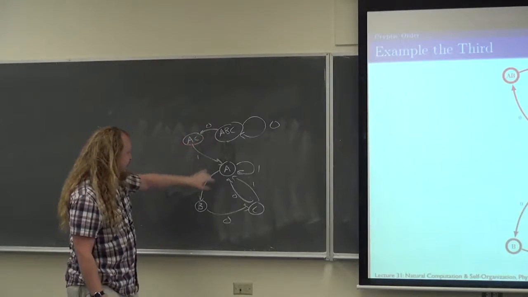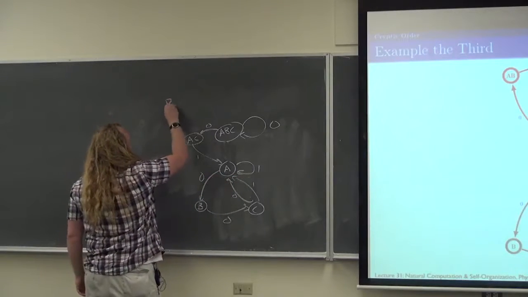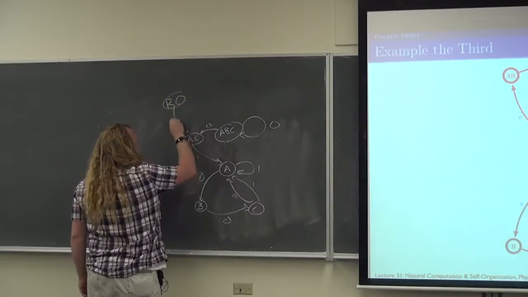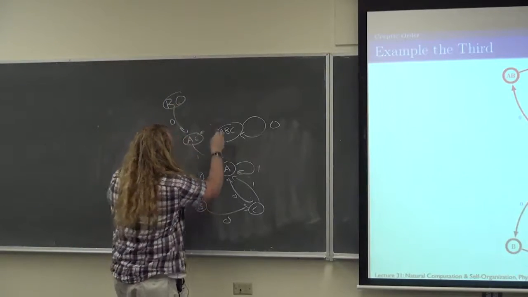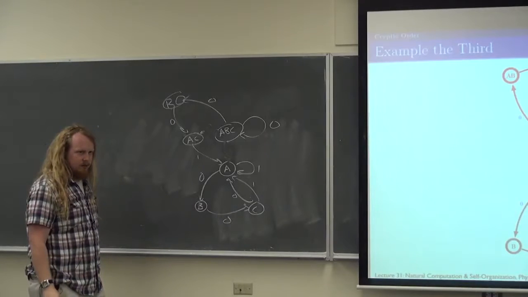If I was in A and C, and I got there on a 0, I had to come from B or C. So far, so good?